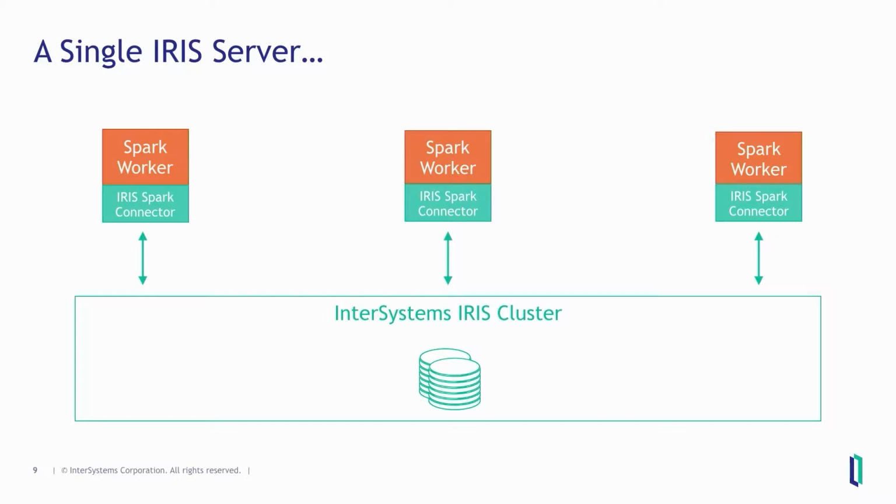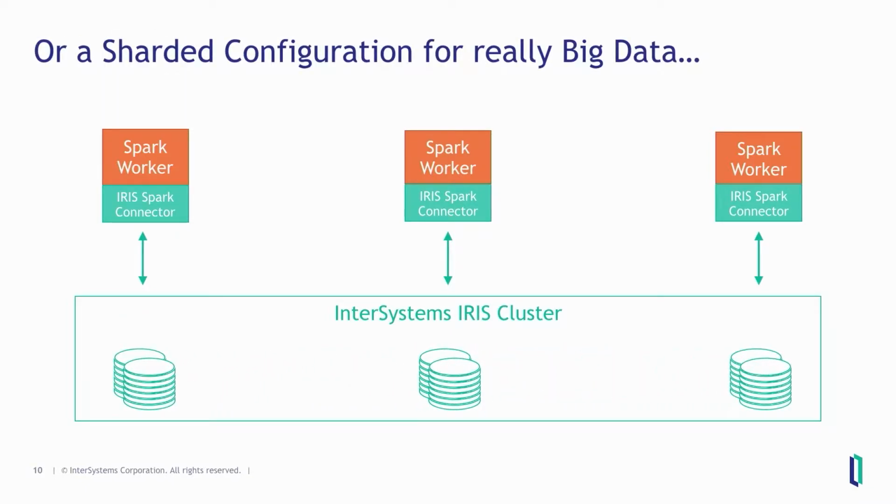A single IRIS database can hold lots of data. Like we have easily, I don't know, 50 million records in a table, and you want to train a machine learning model on it. It will work. You don't need sharding for that. But if you really have really big data, you can use sharding, and we'll take advantage of that. We use the parallelism of sharding.